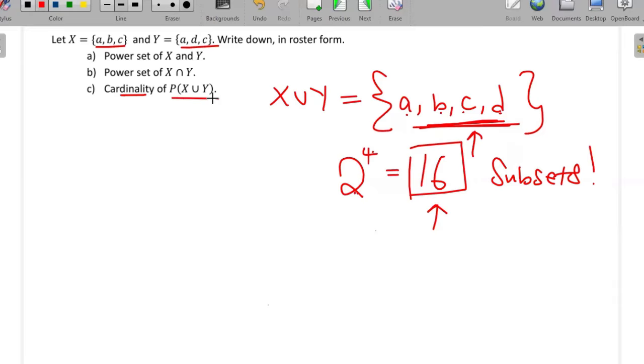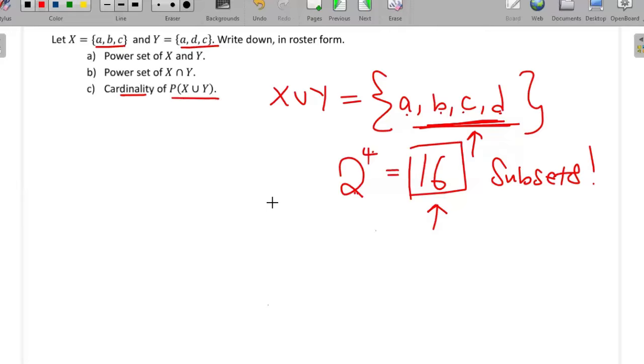What is the cardinality of that same power set? It has 16 subsets, so it has 16 elements. As simple as that. Have we gotten it now? Yes.